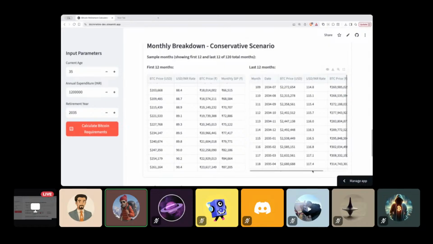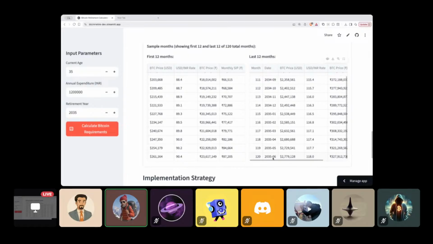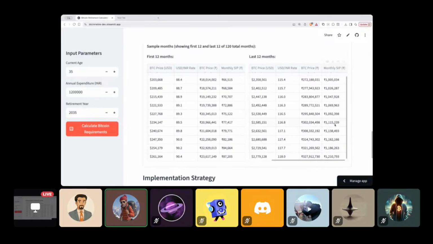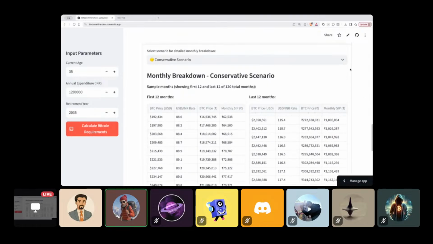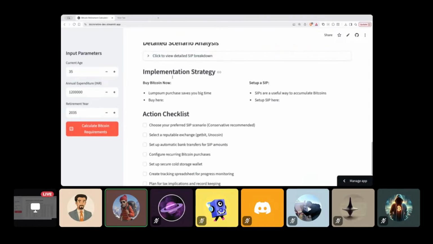By the time you are planning to retire, which is 2035, the last monthly SIP is probably 12 lakh 10,000. So the first portion of your BTC you will be buying at 62,000, and the last piece of your BTC that you want to retire with, you will be buying at 12 lakh. That's the kind of numbers that you are looking at.